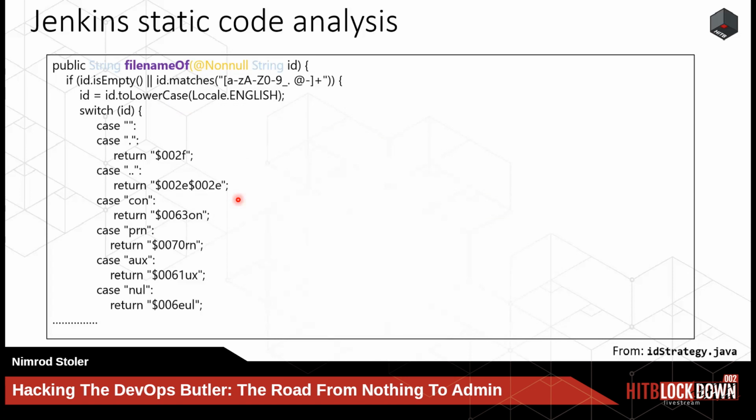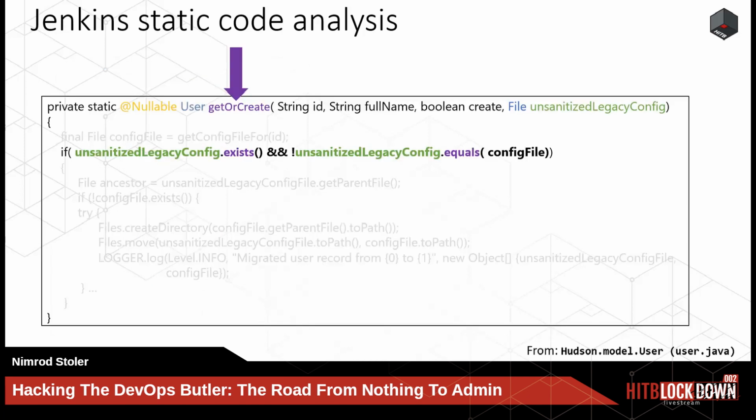So here we can see that if we supplied a username which has con, prn, aux, or a null, then this function would replace those with something less dangerous. Okay, back to get or create.